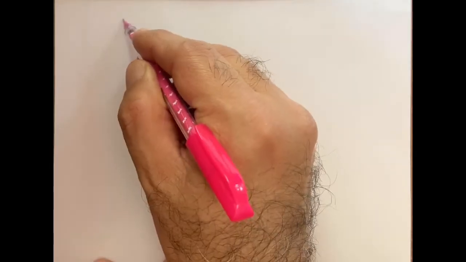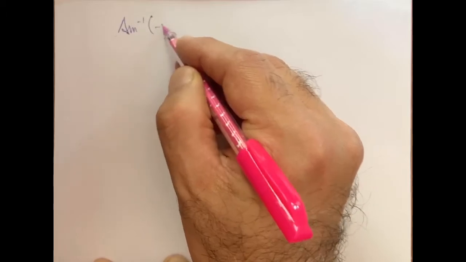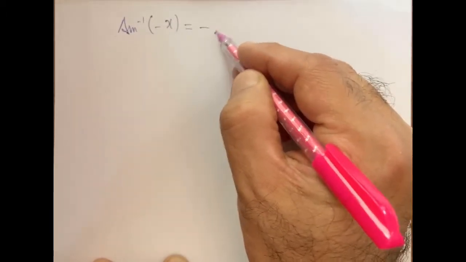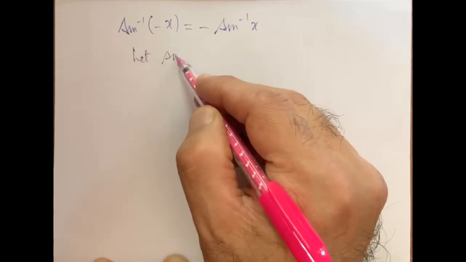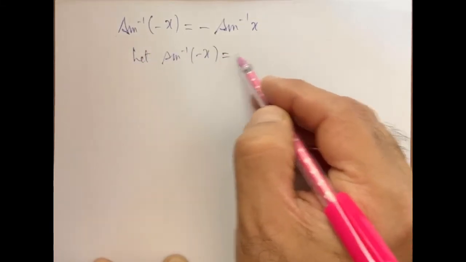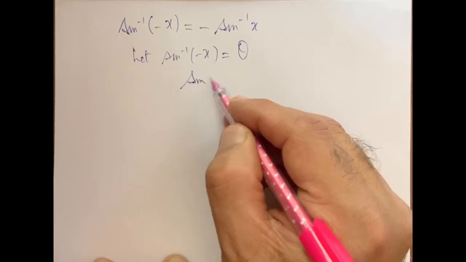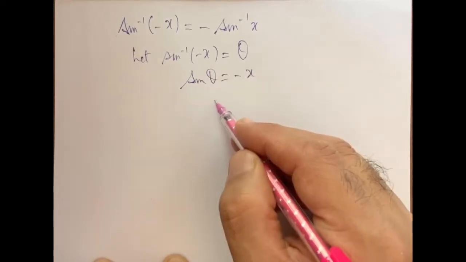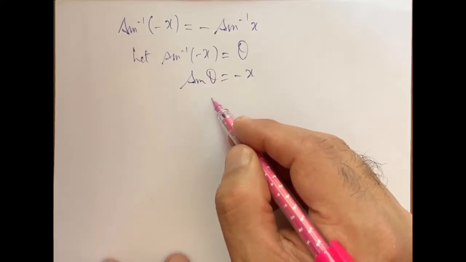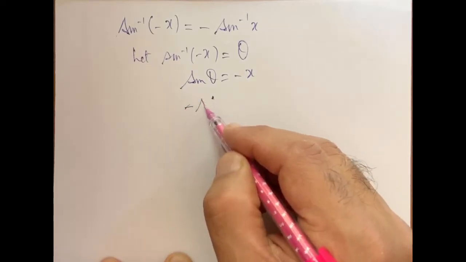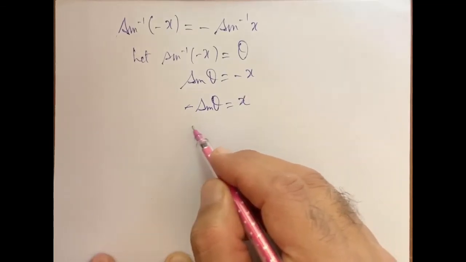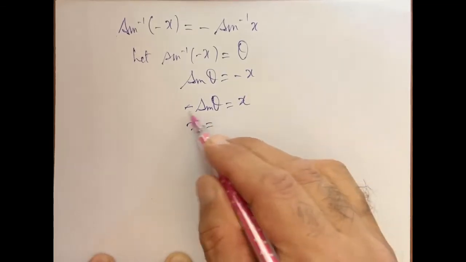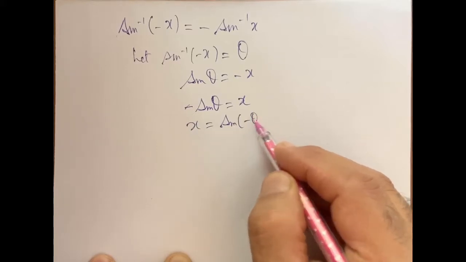Results. Let us prove sine inverse of minus x is equal to minus sine inverse of x. Let's say sine inverse of minus x is theta. This means sine of theta is minus x, or minus sine theta is equal to x, or x is minus sine theta, which can be written as sine of minus theta.